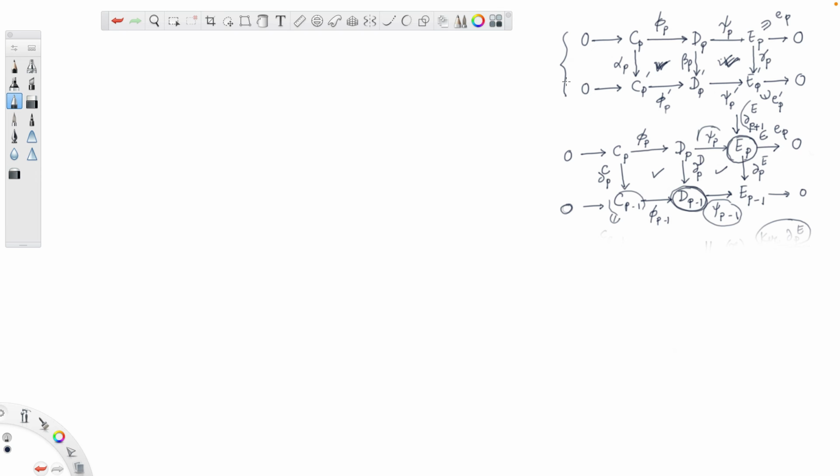commutativity of the left hand side square yields psi p prime composed with beta p acting on dp is gamma p composed with psi p acting on dp, right?